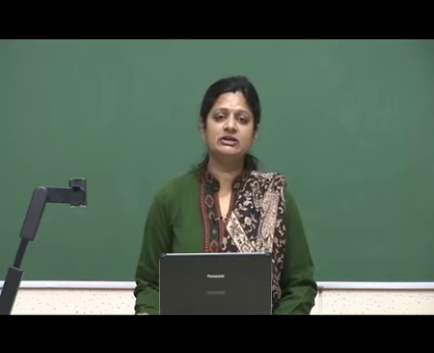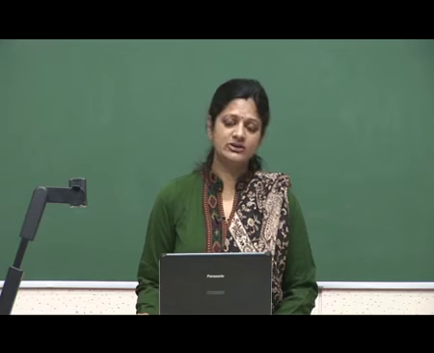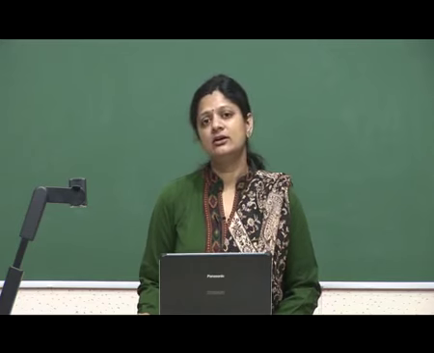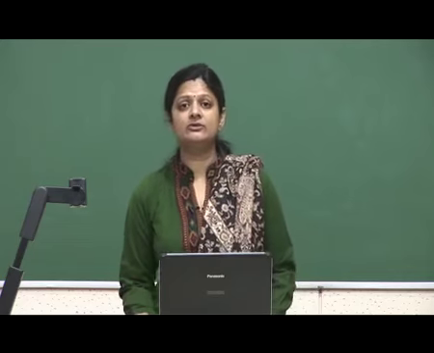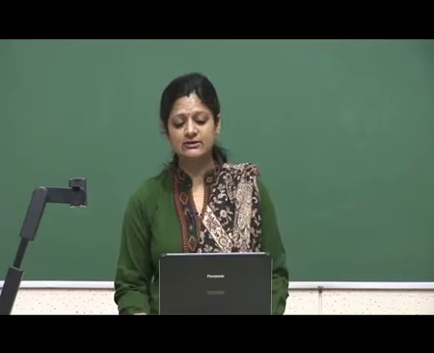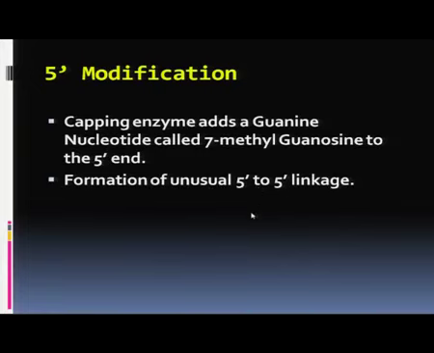So, there is always a 3' to 5' phosphodiester linkage, but in capping there is an unusual 5' to 5' linkage. That means 7-methyl guanosine has a 3' as well as a 5' end. Usually the 3' end participates in bond formation, but in capping the 5' end of the 7-methyl guanosine forms the bond with the 5' end of the growing RNA sequence.